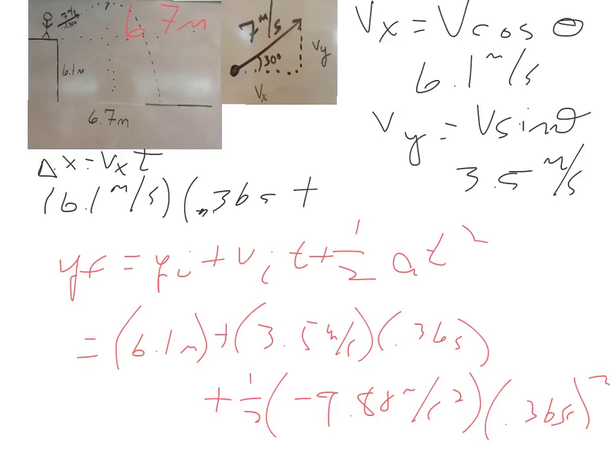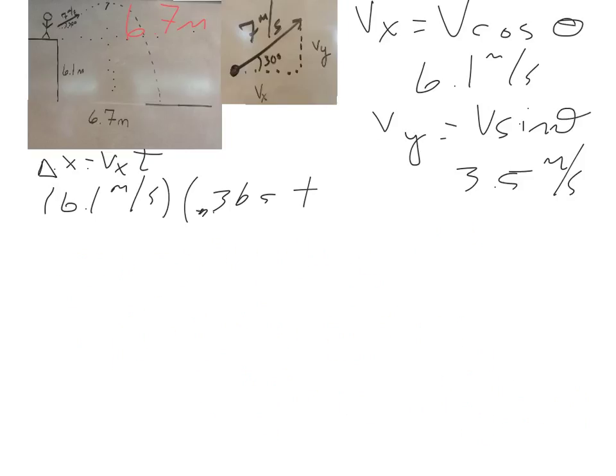Now my initial velocity is in fact 0 in the y direction, and so I'll just get rid of this. My initial velocity is 0 in the y direction, so I can use that special case equation of t equals the square root of 2 times the initial height, or sorry, y initial, however you want to think of it, divided by g.